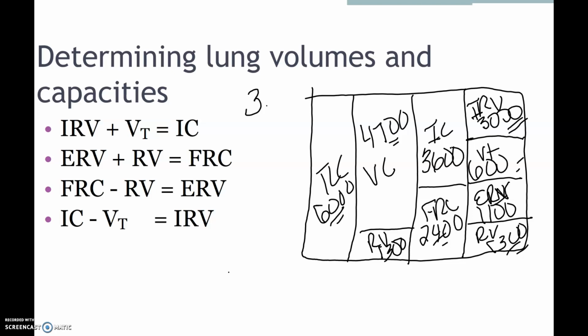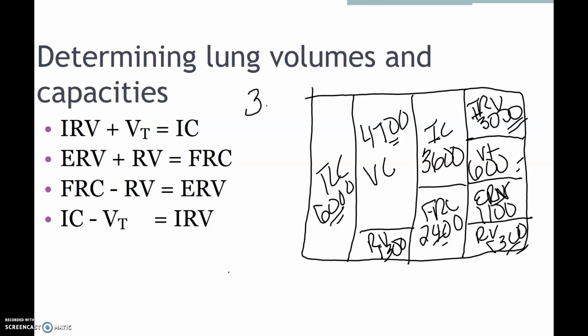You can also take your inspiratory capacity of 3,600 plus your FRC of 2,400, and you again get 6,000, which is the correct total lung capacity. And then the third way you can check your math is you take your vital capacity of 4,700 and add in your residual volume of 1,300. And again, you get 6,000 milliliters for total lung capacity.